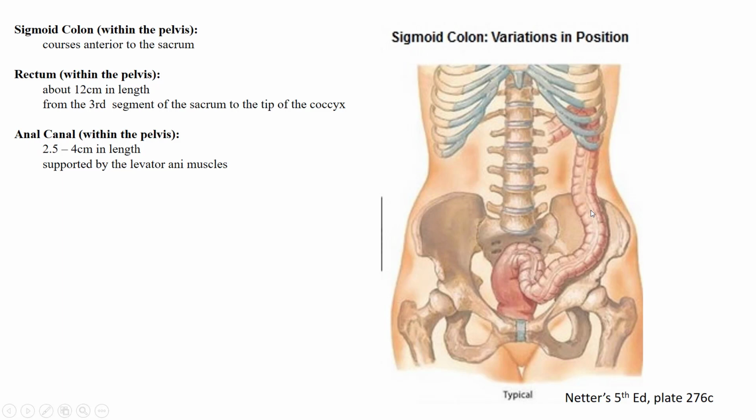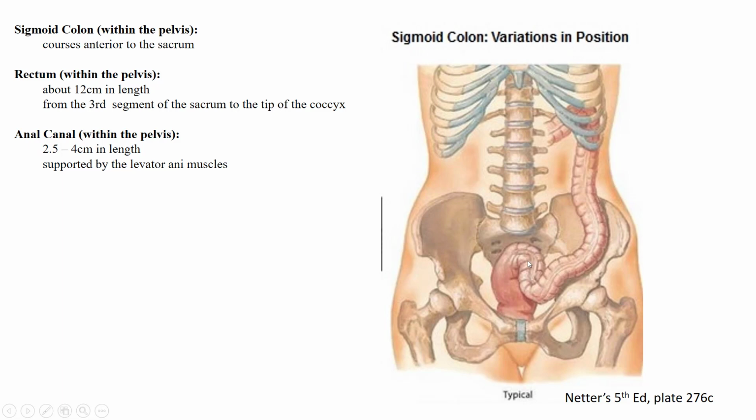You can see in this picture the sigmoid colon coming down, and it does a little bit of a sharp curve here, and there are several pathways within the pelvis of the sigmoid colon, just depending on the patient, and there are various positions. In Netter's plate 276C, you will see the various positions, but I just chose one of those images to place here so that you could see that most of that sigmoid colon is contained within the pelvis.